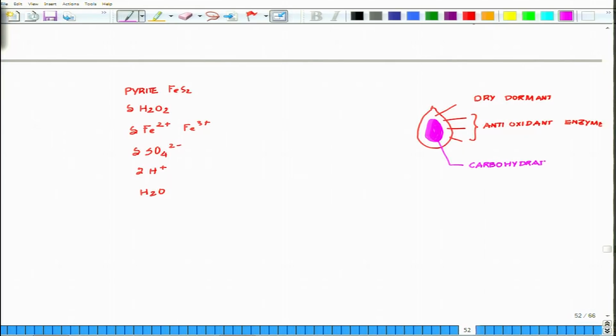Now, when the seed is germinated, it is the water molecules which come and activate its enzymatic machinery around, and this carbohydrate is broken down to generate energy.